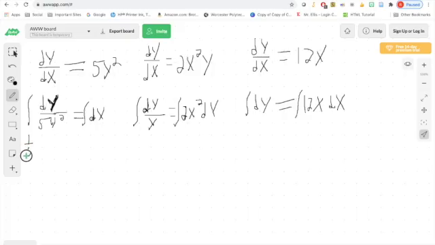This is equal to 1 over 5. We're allowed to pull out the 1 over 5 by the constant rule of integration. 1 over 5 times 1 over y squared dy. And this is just the left side, by the way. We'll get to the right side next, but that'll be fairly simple.